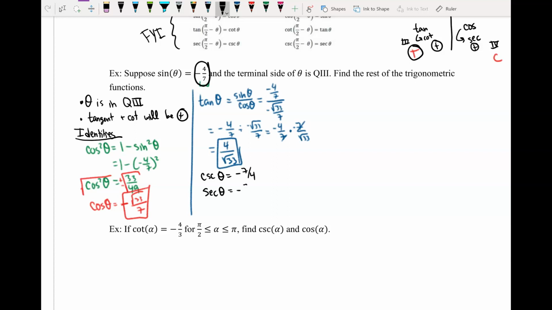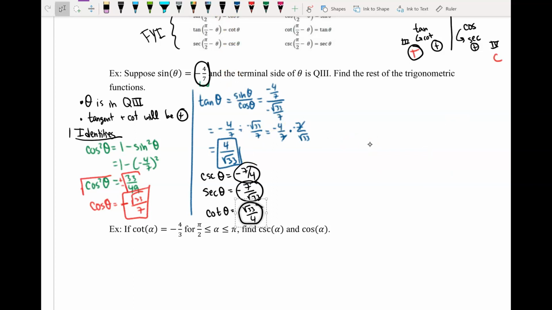That's going to be negative 7 over square root of 33. And then cotangent is just going to be flipping the tangent, which is positive square root of 33 over 4. So now we have all 6 of them. All right. So this one was more algebraic.